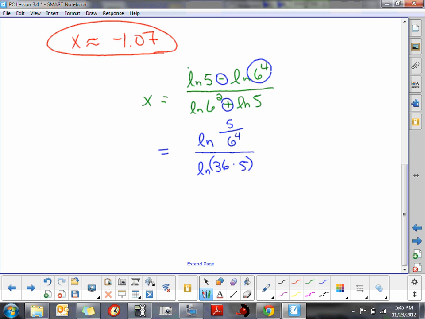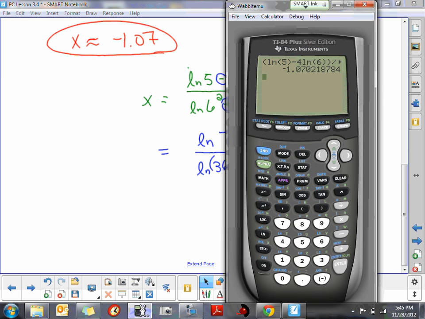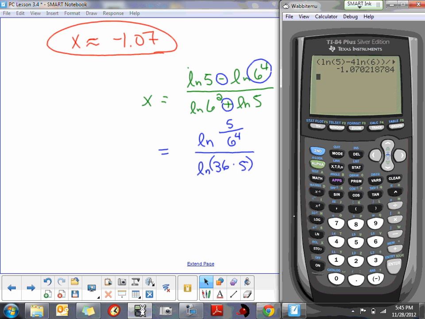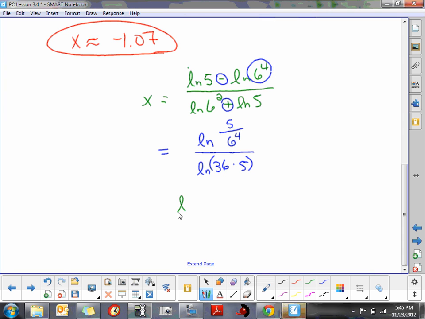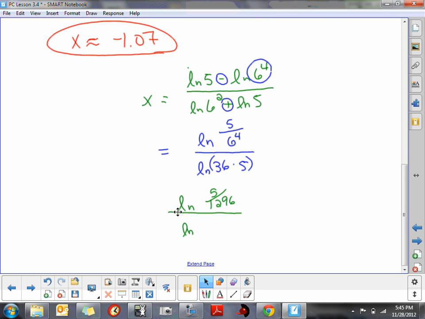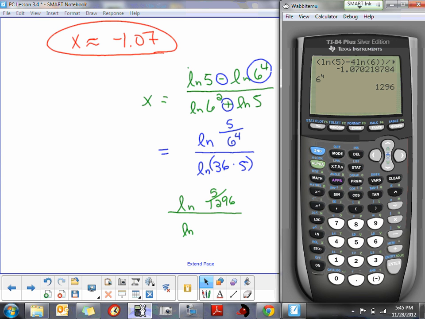So then I'm going to need a little assistance here. I got to take 6 to the 4th power, which is 1,296, so this is the natural log of 5 over 1,296 over the natural log of, and then a 36 times 5 is 180.